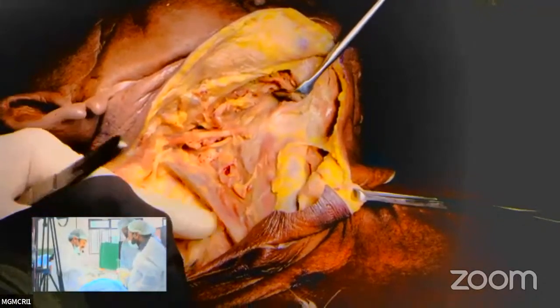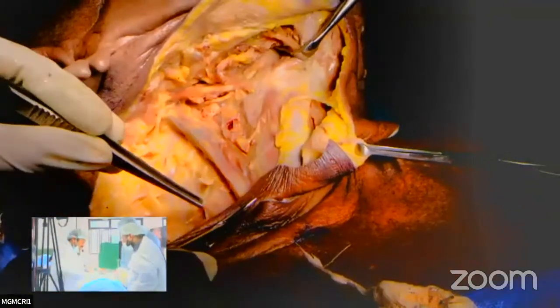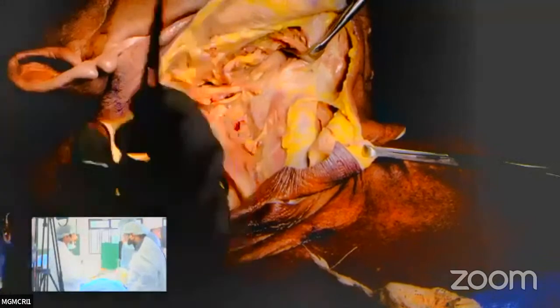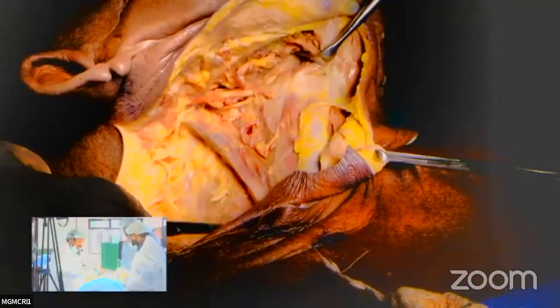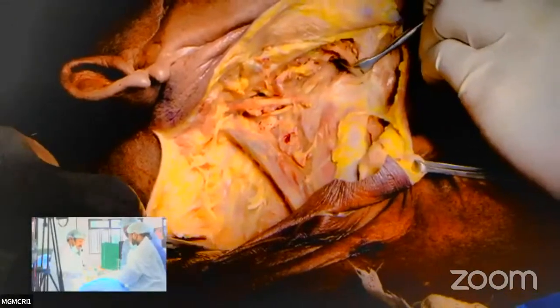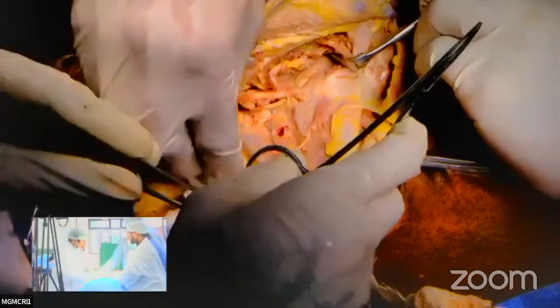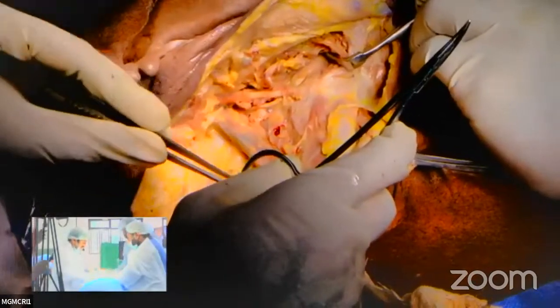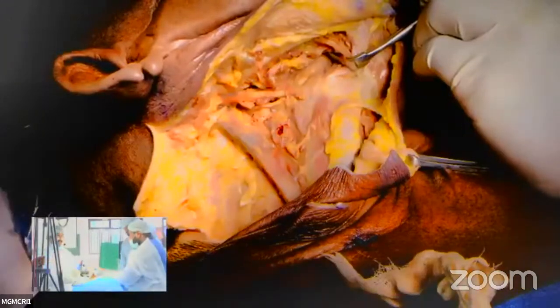And below this is your pretracheal fascia. Whenever you do a neck dissection, try not to breach this fascia. Most critical structures are below this pretracheal fascia: your phrenic, your brachial plexus, everything. All the nerves above the pretracheal fascia are cutaneous nerves, you can sacrifice them. So I'm happy to take any questions.